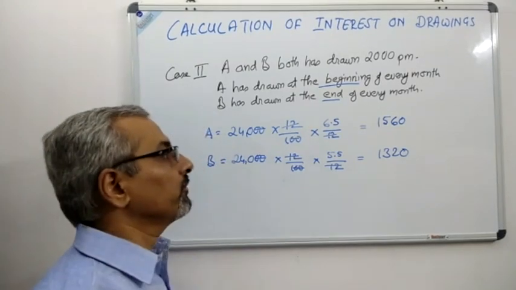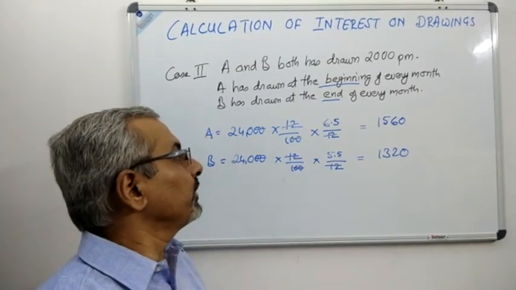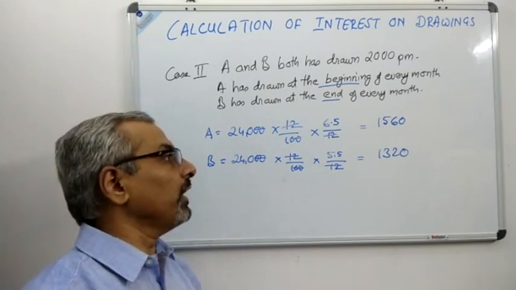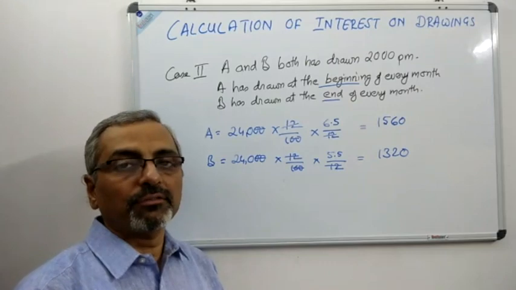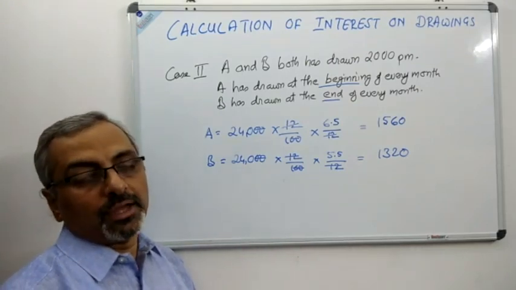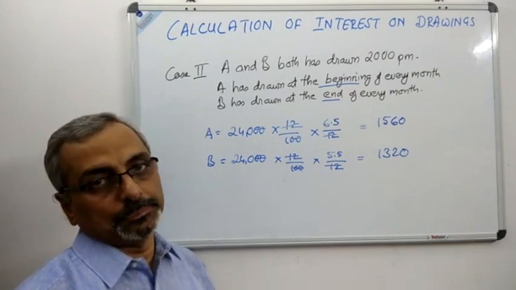So you can very clearly see that the calculation of interest has been done on the basis of time, that is 6.5 months and 5.5 months. We are getting a figure of 1560 for A and 1320 for B. That is the interest on drawing which A and B both have to pay to the firm.